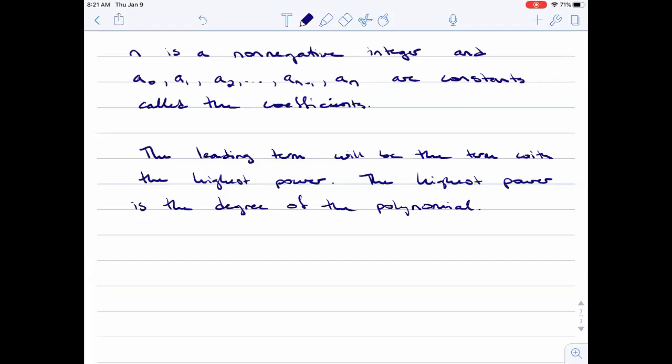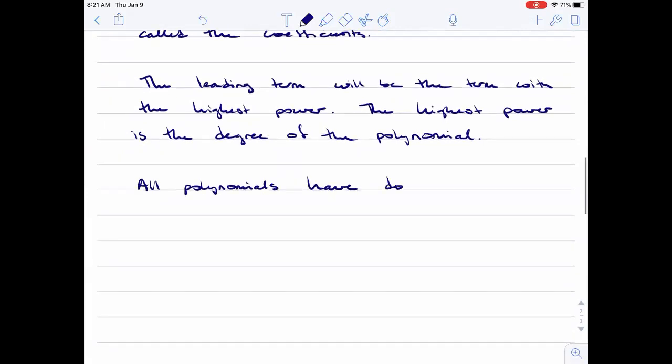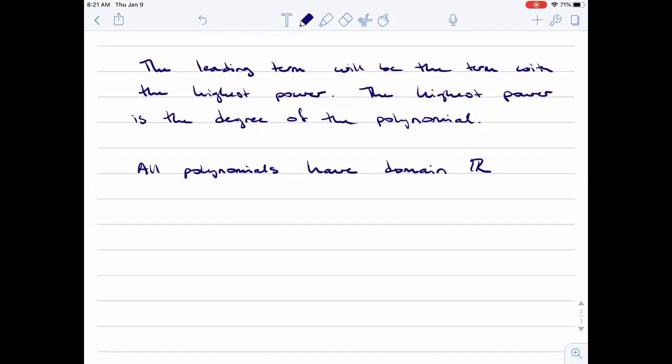As a fact, any polynomial is just going to have a domain of the set of real numbers, so from negative infinity to positive infinity. So it will span the whole set of numbers. So all polynomials have domain, remember our fancy R, the set of real numbers, which I'm going to say is also negative infinity to positive infinity.